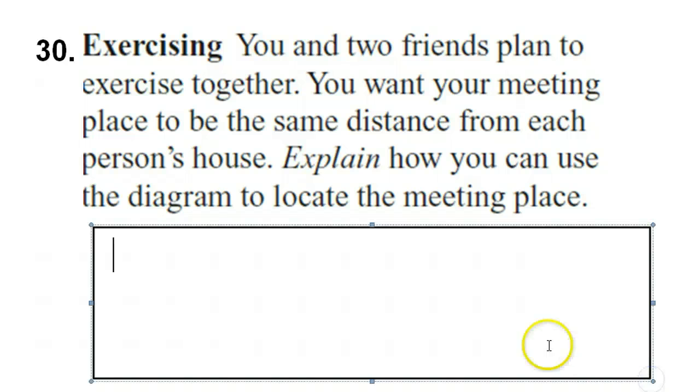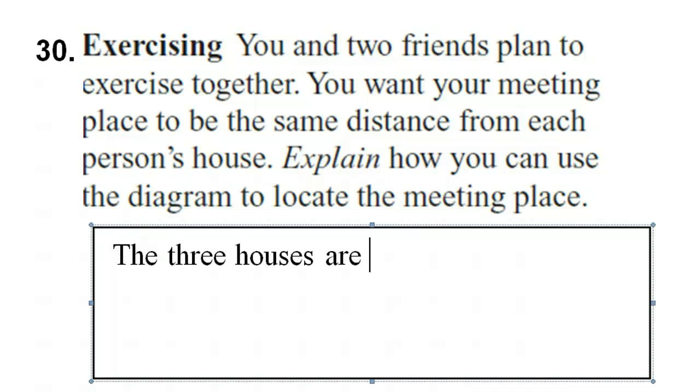Okay, so we're supposed to explain. The three houses are the vertices of a triangle.